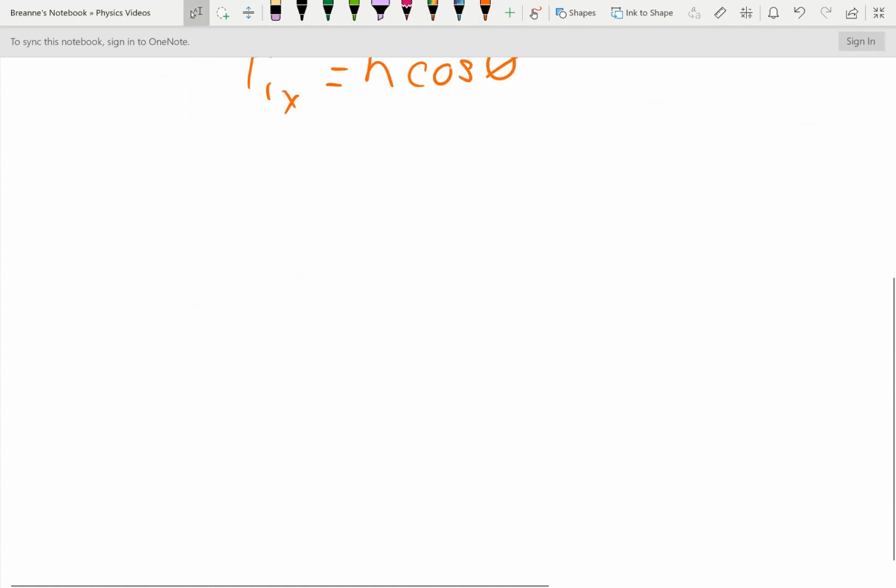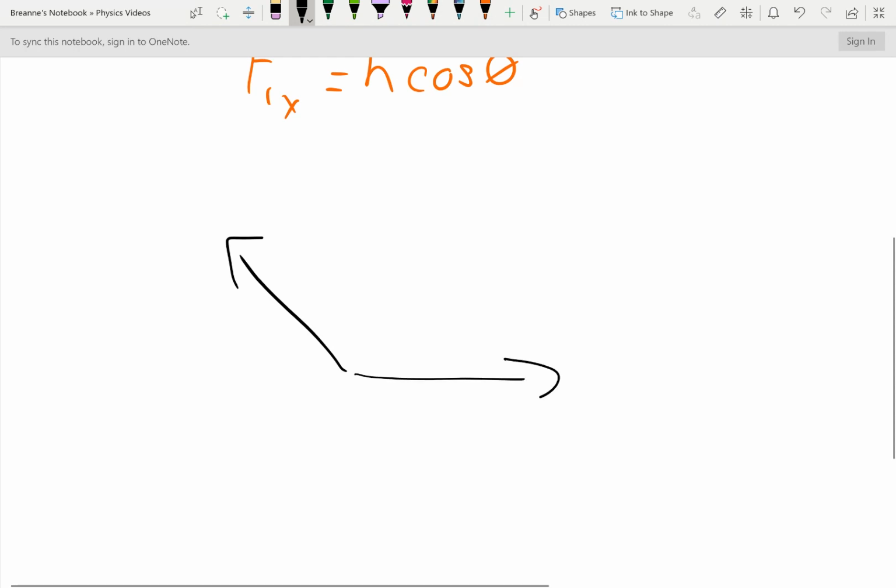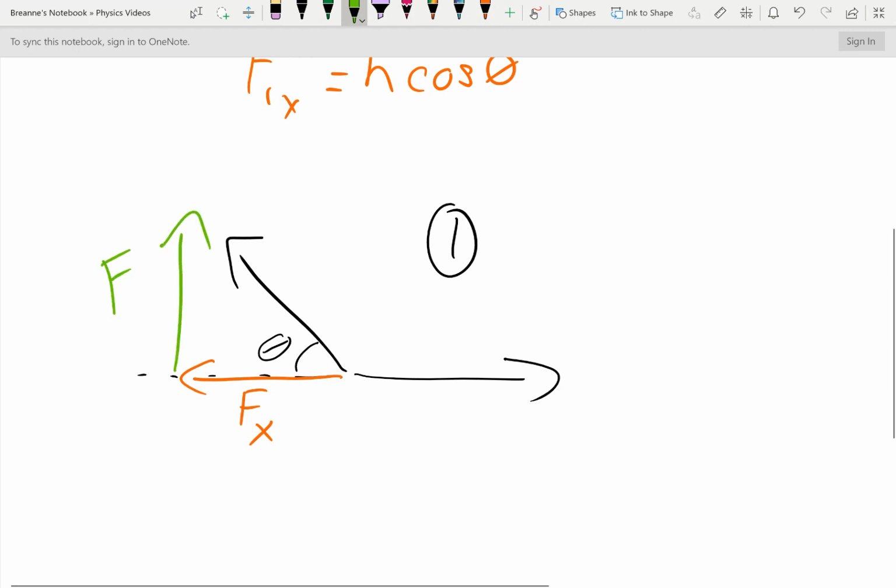Now, if you have a force at an angle and then one that is not at an angle, how many forces at an angle do we have? 1. How many triangles should you be drawing? 1. So you'll have force of x and then force of y.